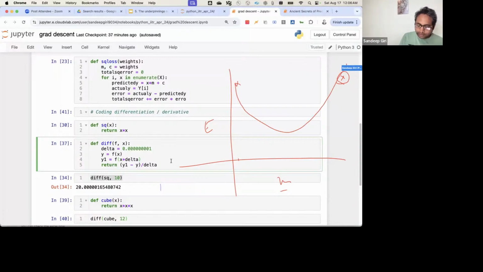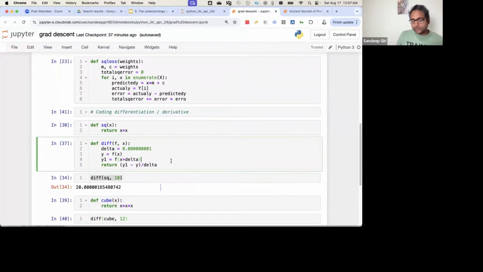If you pay attention here, for very small slope the error is high. For very high slope the error is high. Correct? So unlike a binary search, here the magic lies somewhere in between, not on the extremes. In case of binary search, the data is either in decreasing order or increasing order. It's not like this. Got it?